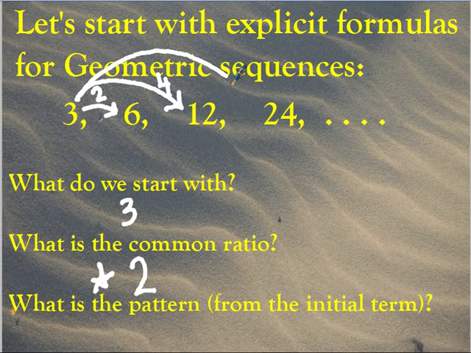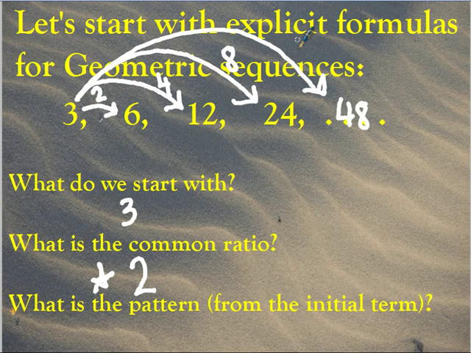Then from 3 to 24, we're multiplying by 8. The next term in our sequence would be 48. To get from 3 to 48, I'm multiplying by 16. So not only is there a pattern in my geometric sequence, there's actually a pattern in what I'm multiplying by.